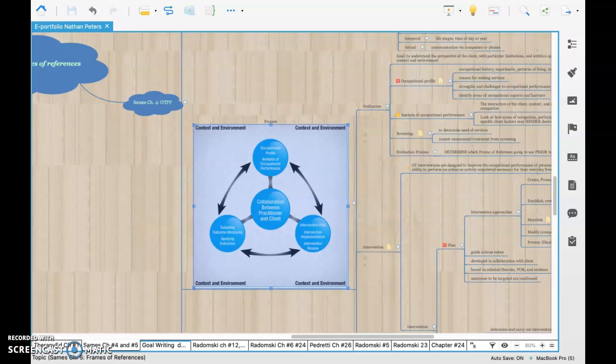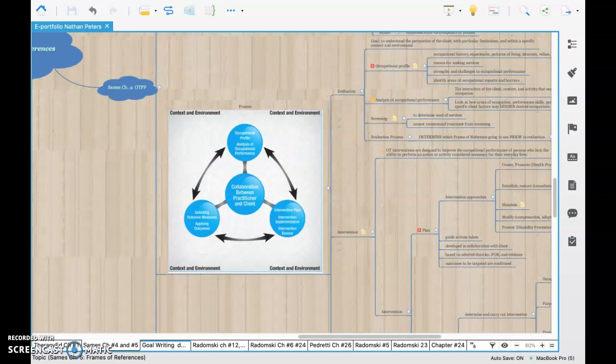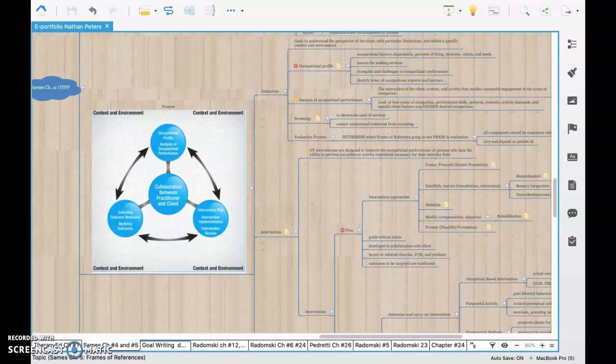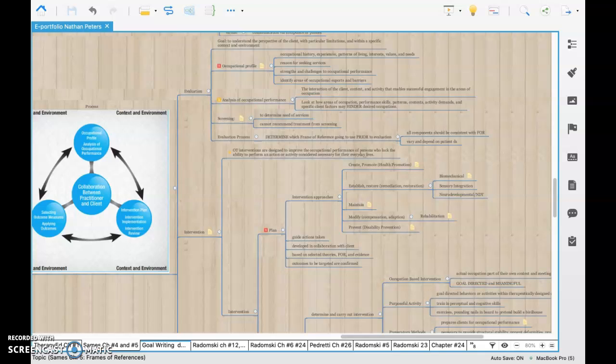Then we have the process. The process usually begins with the evaluation, where I would obtain the occupational profile, analysis of occupational performance, and then the intervention plan, and then applying and selecting outcome measures. And then you have some videos, but it really breaks it down. I really like how this was created.